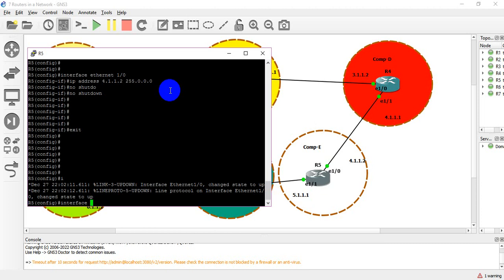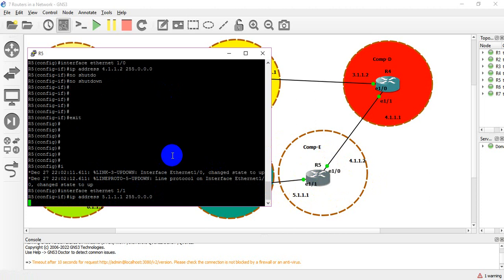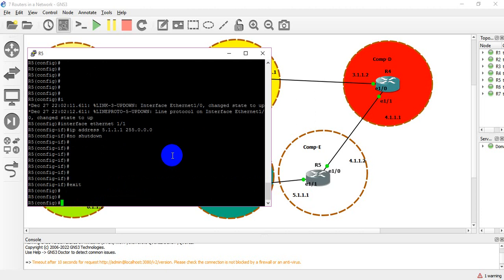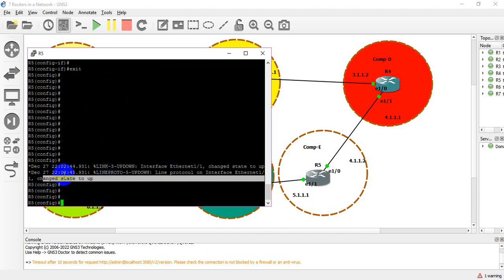So how? Right here, interface Ethernet 1/1, I mean this port, to configure this IP and change the state of this port. So right here, IP address 5.1.1.1 255.0.0.0, and write no shutdown. And as you can check the result, the state changed to up.